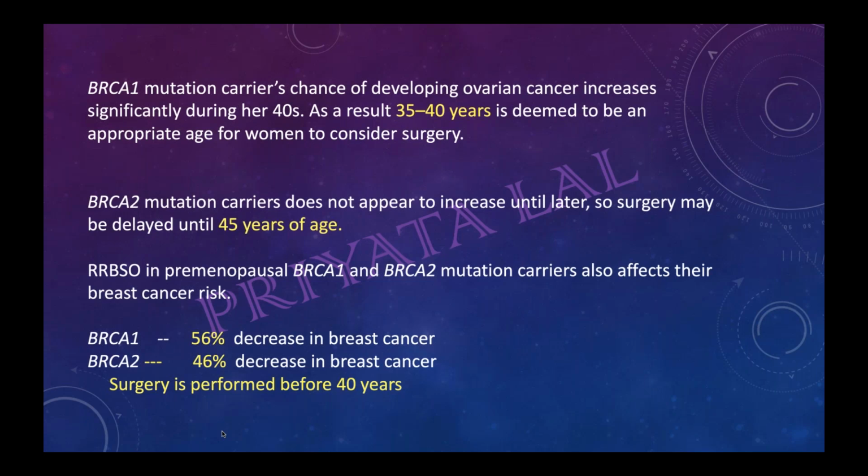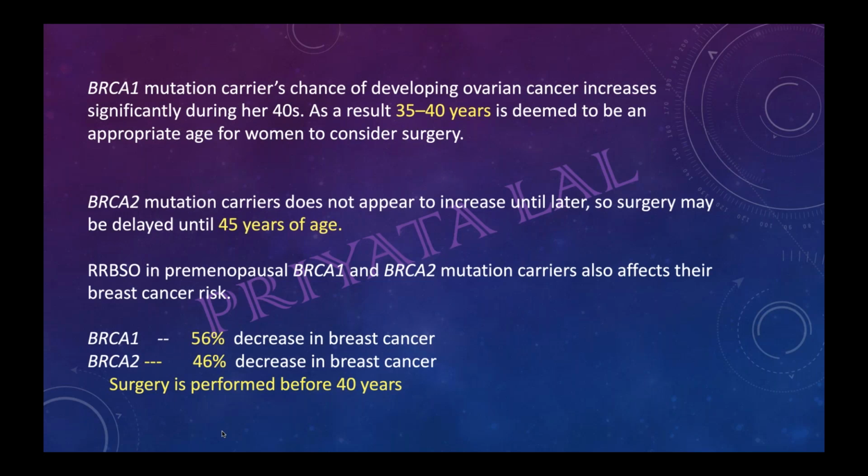So the risk reduction surgery is offered at 35 to 40 years of age. For BRCA2, usually the ovarian cancer comes late, so surgery can be delayed till 45 years of age. So BRCA1 surgery is offered at 35 to 40, and for BRCA2 it is 45. Questions come from here, you have to remember that.